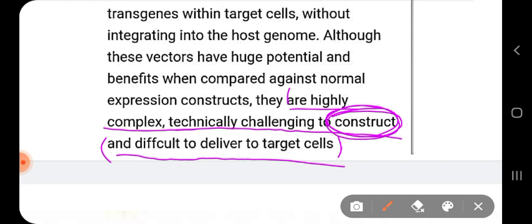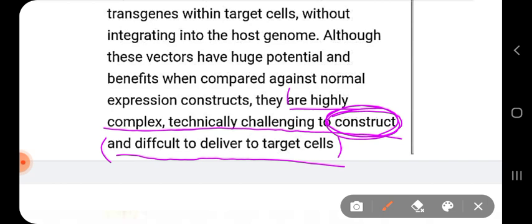We have to maintain the structural stability of the chromosome, otherwise when we target it into the cells it can get degraded. So for stability we need a proper telomere sequence and proper centromere sequence, which are essential for the stability of a chromosome.